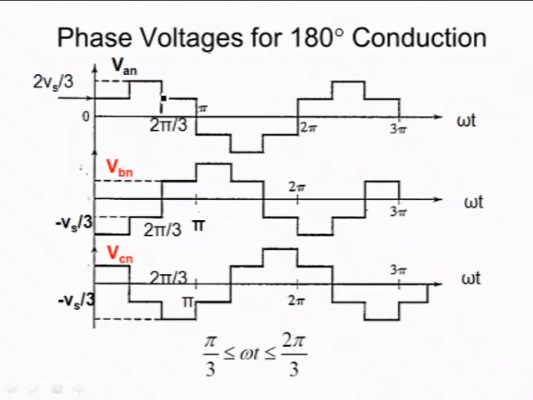Now, here VBN is equal to VCN, which I marked in red color. What is that magnitude? The magnitude is minus Vs by 3. This is what I marked. So, I am getting the waveform up to 120. This is 0 to 60, 60 to 120 degree.